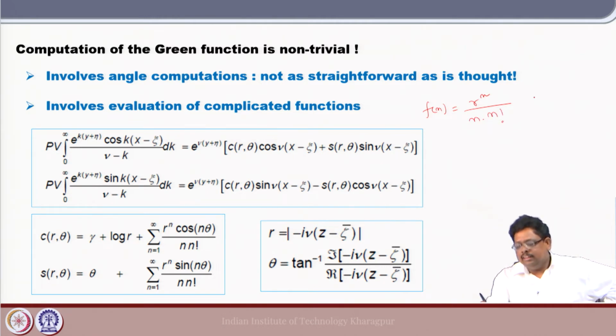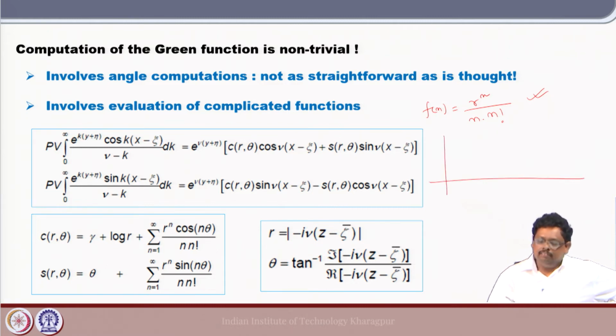What would be the graph for this? You have to take some value for r. Normally L is the length of the vessel, but in this case it is the beam. Let us say this is the body.